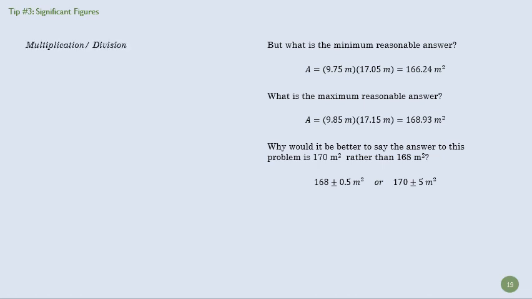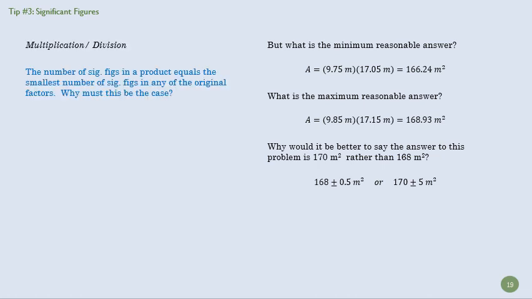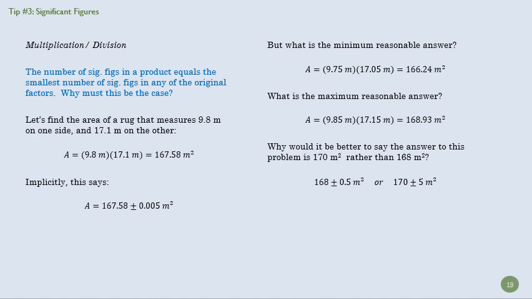We have some rules for dealing with this, and we'll talk about these. You can look these over here. But essentially, when we multiply, we take the smallest number of sig figs. Here we have 3 sig figs and 3 sig figs, so our answer should have 3, even though when we put it in the calculator, it has a lot more. That has to do with that implicit expression of accuracy.